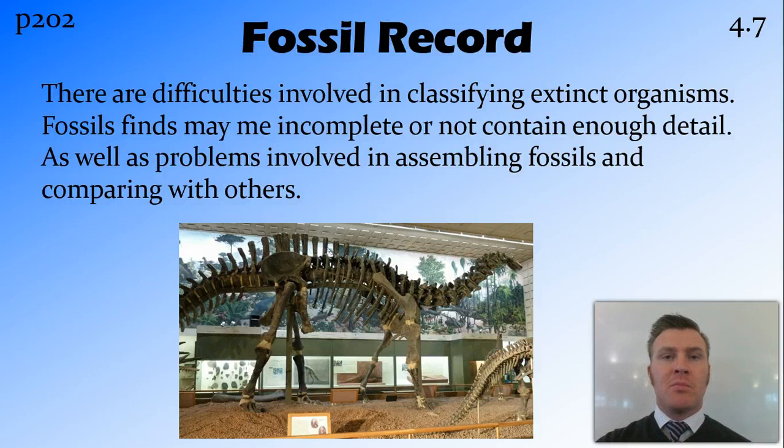The fossil record provides some great evidence for both evolution and informing our taxonomical system that comes from that evolution. However, unfortunately, one of the downsides of the fossil record is that when fossils are found, often it might be only a couple of bones, so there isn't enough detail, or the organism can be incomplete, and this can lead to problems in correctly classifying things.